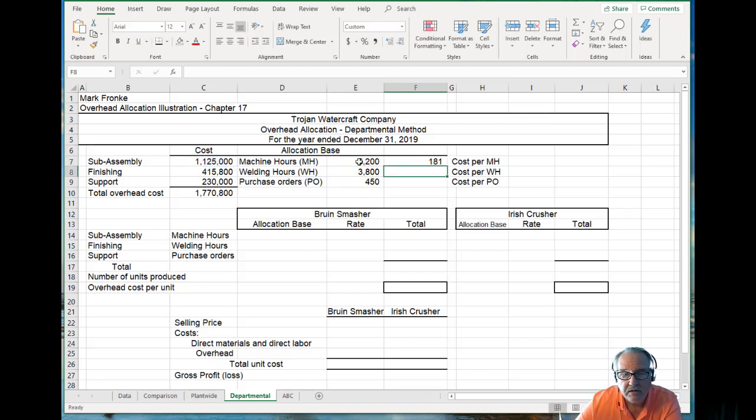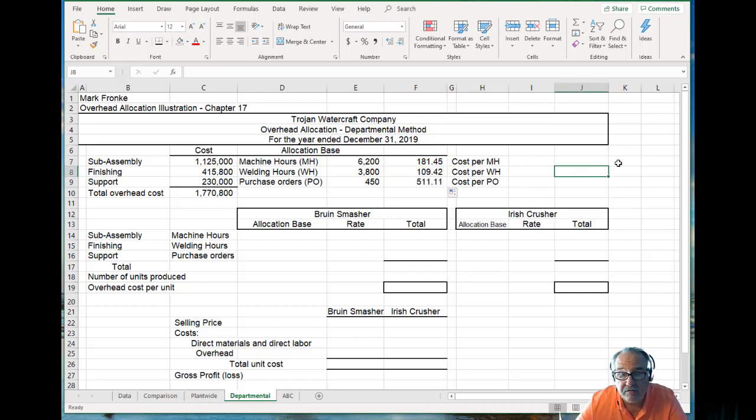So it's $181 per machine hour for the sub-assembly department. And let's go ahead and add some pennies in this one. And I can also just drag it down.